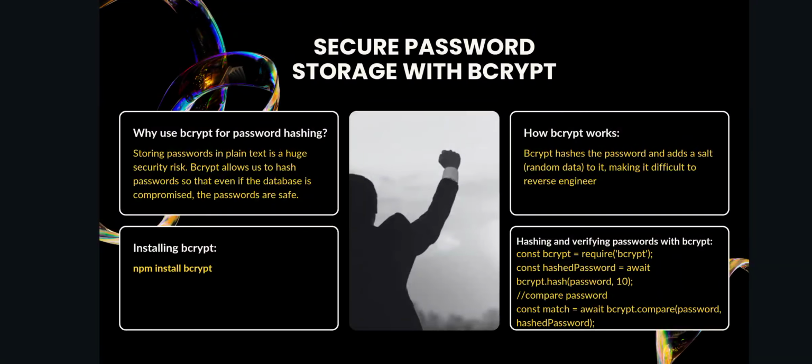Storing passwords in plain text is a huge security risk. Bcrypt allows us to hash passwords so that even if the database is compromised, the passwords are safe. And how does Bcrypt work? Bcrypt hashes the password and adds a salt, random data, to it, making it difficult to reverse engineer.